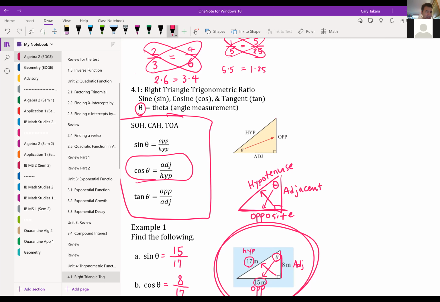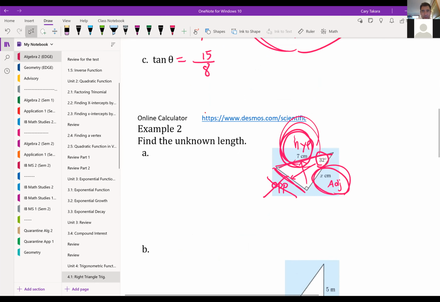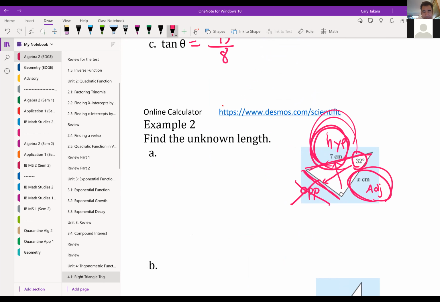Sine uses the opposite and hypotenuse. And then tangent uses the opposite and adjacent, right? But only cosine uses adjacent and hypotenuse. So this has to be cosine problem. So let's set it up.